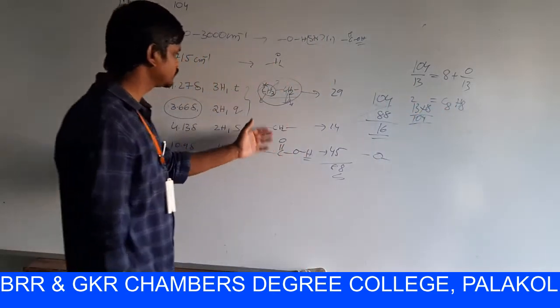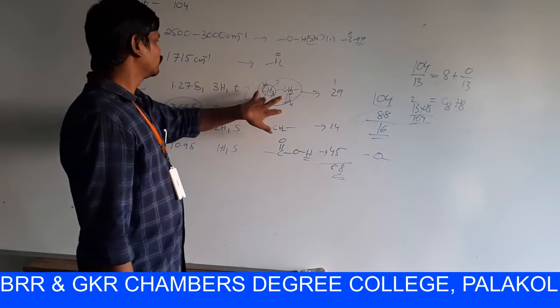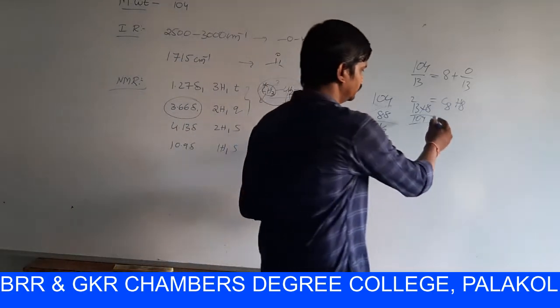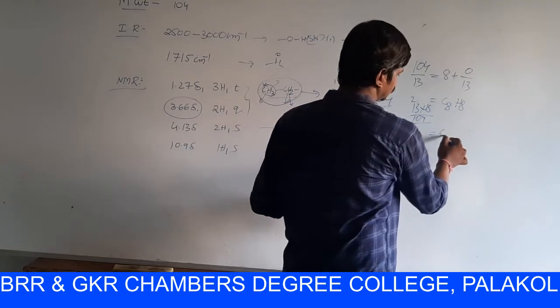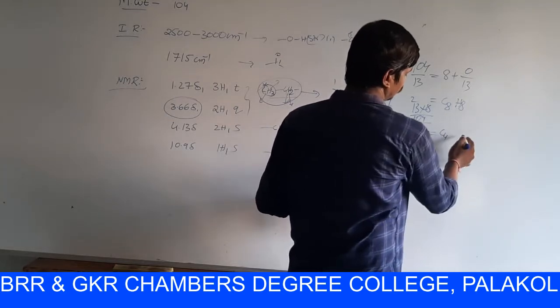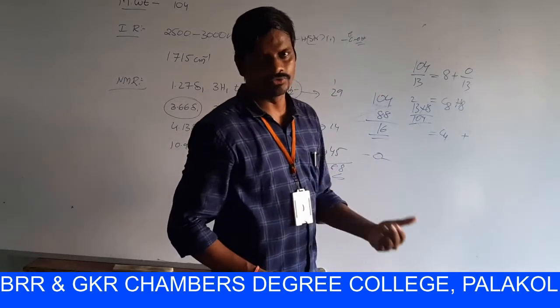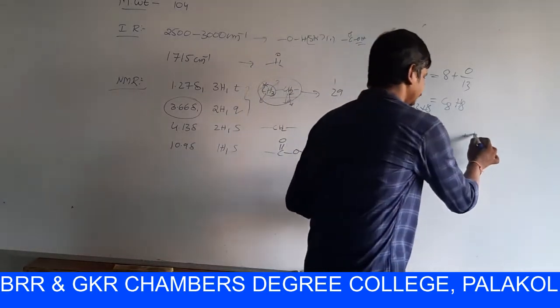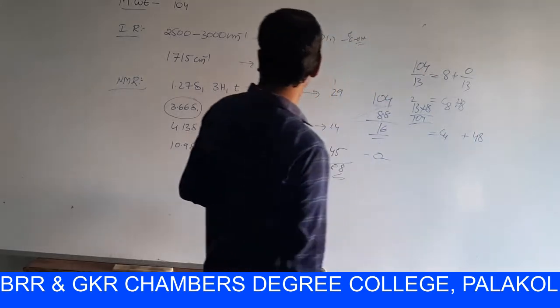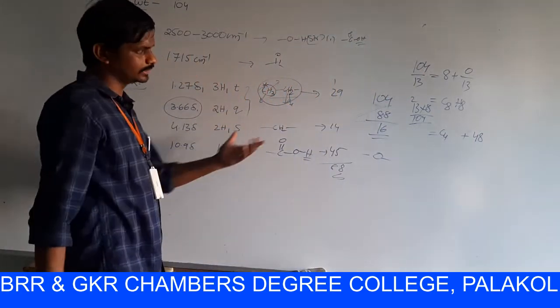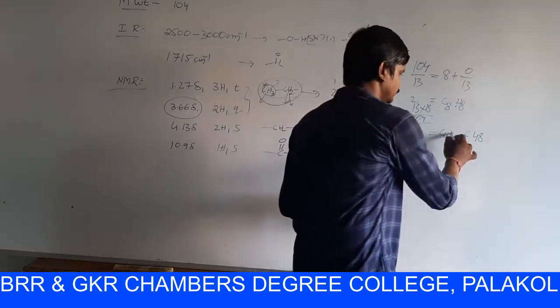Based on the information, we have 4 carbon atoms, but here we get 8 carbons. So I just subtract 4 carbon atoms. 4 carbons means 12 into 4, that means 48. Observing the NMR data, 3, 2, 2, 1, that is 8 hydrogens.